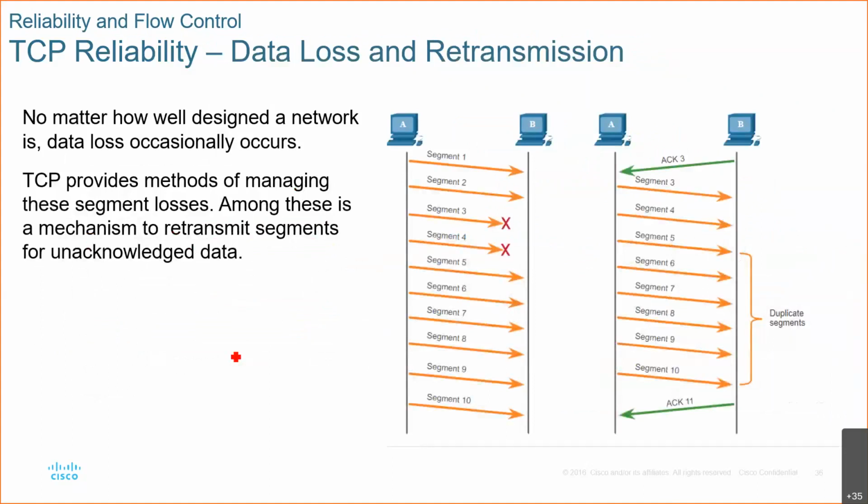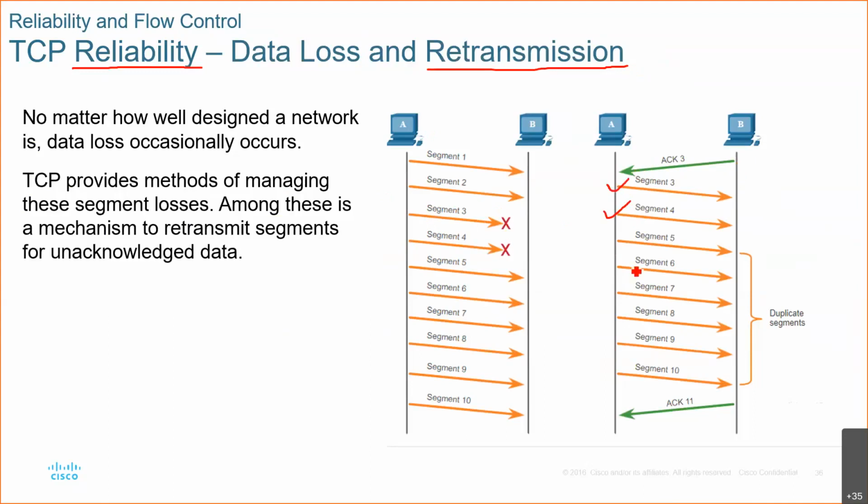And depending on which segment you send, remember TCP, we are talking about reliability. Depending on which segment you are sending, if any segment is lost, retransmission. So if you send segment 1, segment 2, and then segment 3 and segment 4 for some reason are lost, your acknowledgement you will get for 1 and 2, but 3, no. So what it does is, again, it sends starting from segment 3.